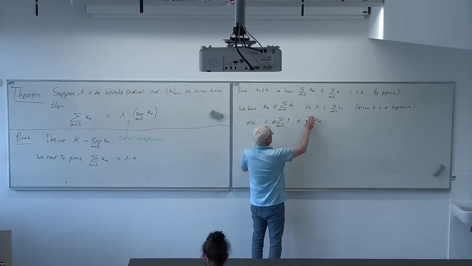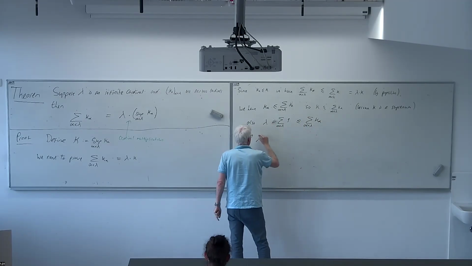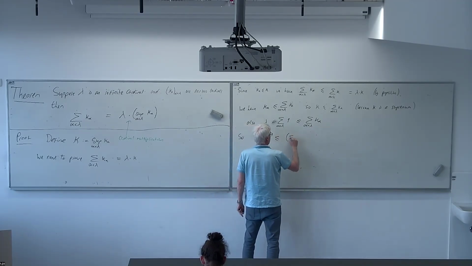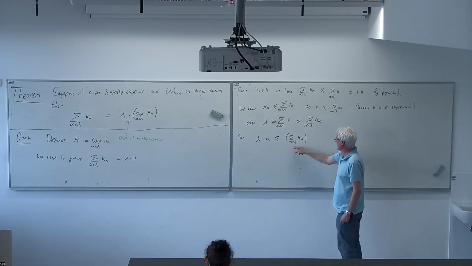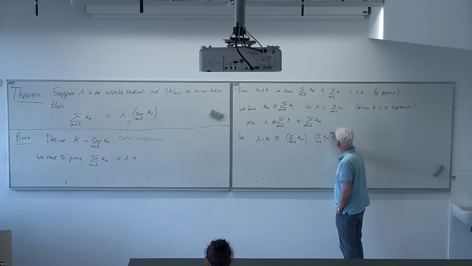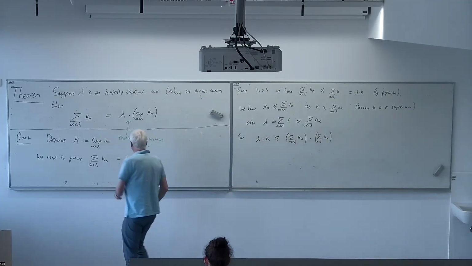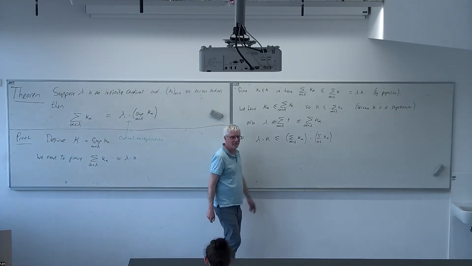But then, if kappa and lambda are both less than or equal to this sum, that means that lambda times kappa, by monotonicity of product, is less than or equal to the product of this, because lambda is less than or equal to this sum, times the same thing, because kappa is also less than or equal to this sum. And we wanted to get that lambda times kappa was less than or equal to this sum once. So what's going to give us that?